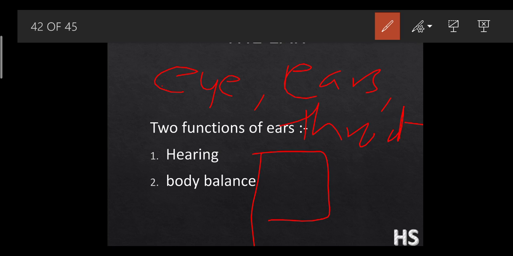Whenever we hear any sound, we hear it uniformly. Why do we hear it uniformly? Because the tube helps to maintain the air pressure. If the air pressure is low, the sound would be too high. If the air pressure is high, the sound will be low. So in order to have a perfect balance of sound, this Eustachian tube helps to maintain the pressure.